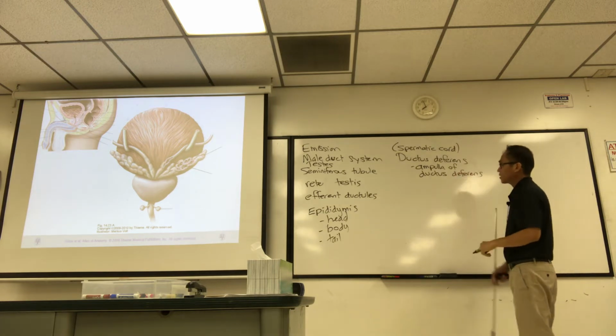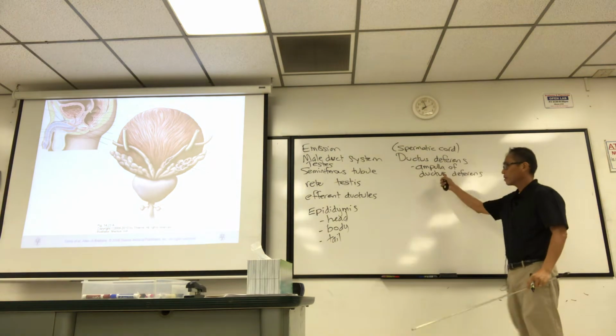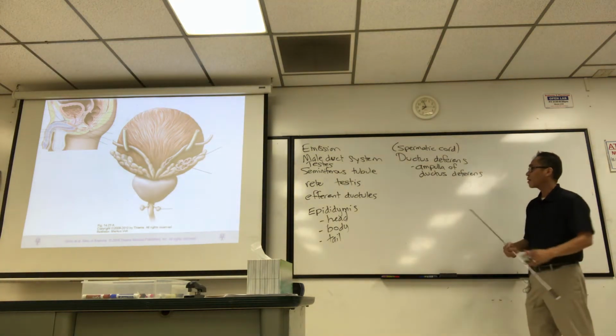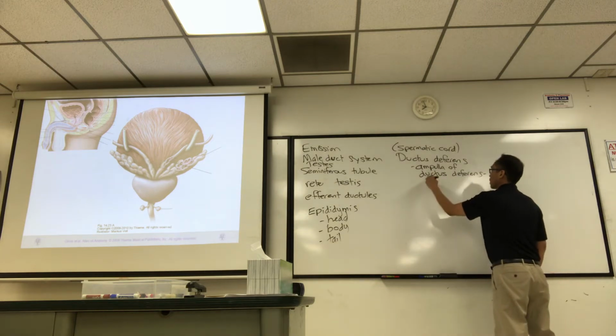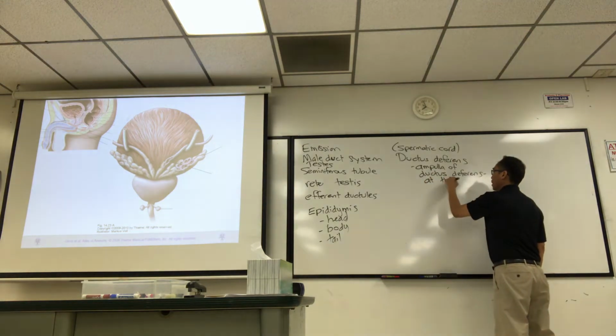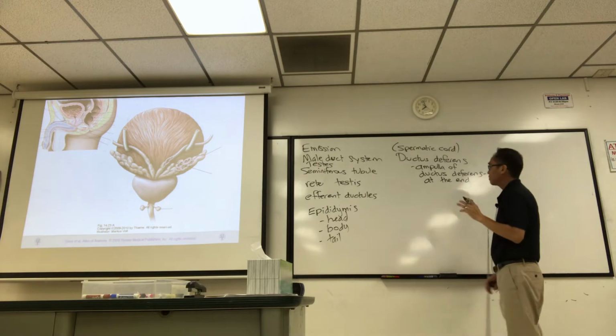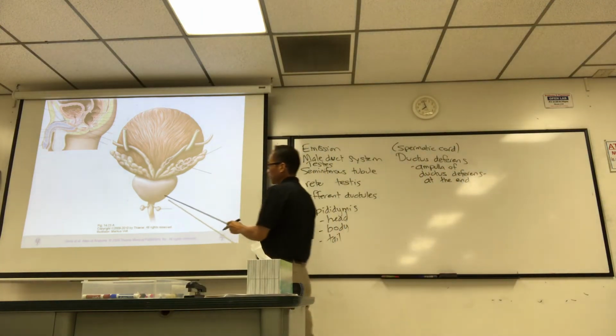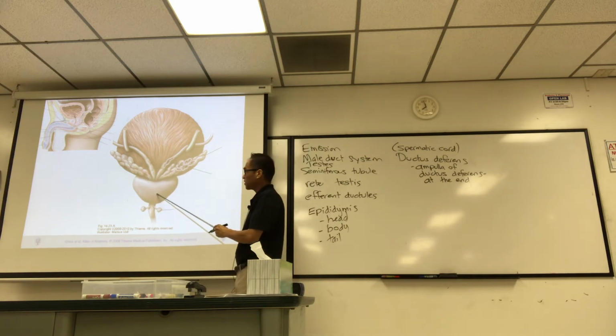Ampulla just means it's the wide part, and it happens to be at the end. This is kind of at the end, right before you go into this structure here. That's the prostate gland.